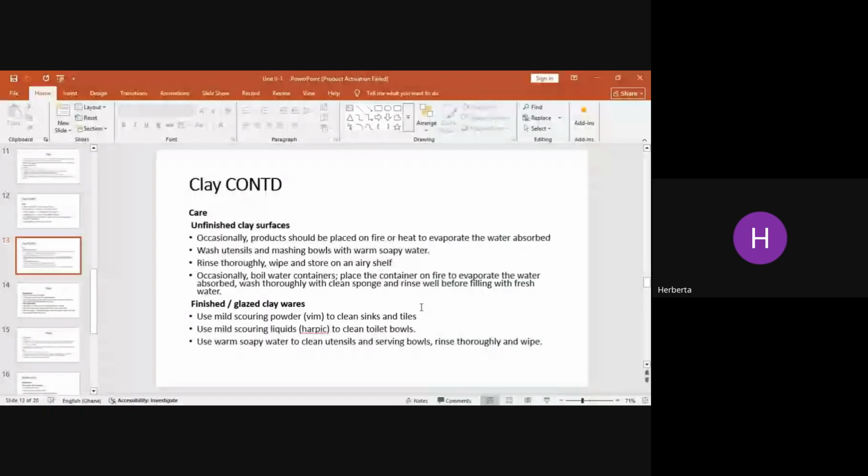How do you care for these items? That comes in the form of ceramic wares. So surfaces like tiles. Some are used on top of shelves. Some are used for bidets, for basins, for WCs, water closets, and others.